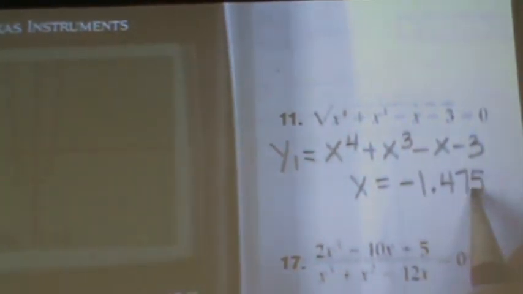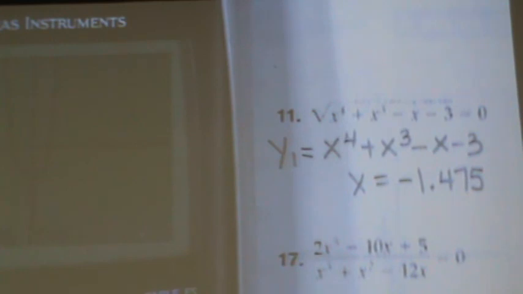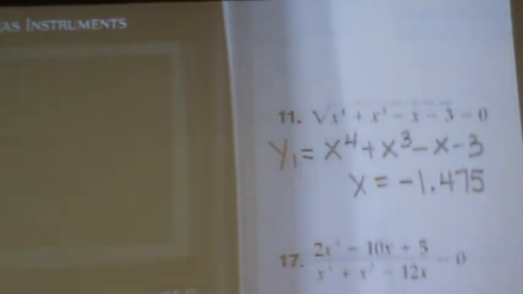Hit graph. There's two answers. Second calc, 0. And I'm gonna do -2, enter, 0. Did you get -1.475? And how about the other one? 0, enter. 1.237?